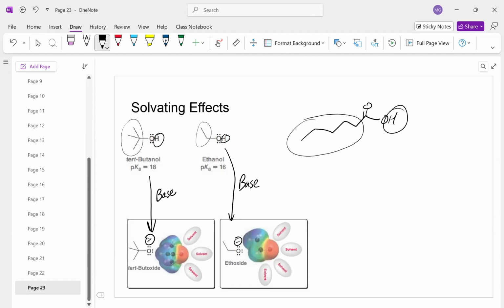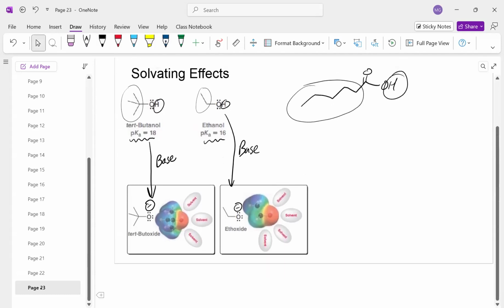Now, if we take a look at the pKa's for these two alcohols, same functional group, deprotonating the same hydrogen, there's a difference in pKa's. Ethanol is a little bit more acidic than tert-butanol. Again, why is one more acidic than the other? There's got to be something more stable about the anion once it gets deprotonated for ethanol.